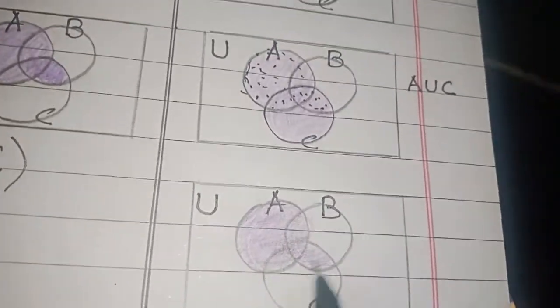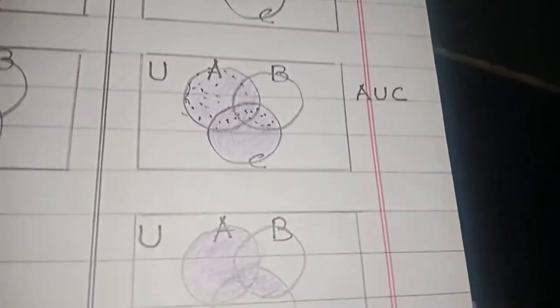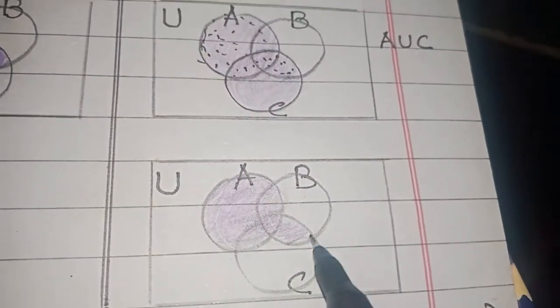This picture represents (A union B) intersection (A union C). This was A union B and this was A union C, and their intersection is this part.